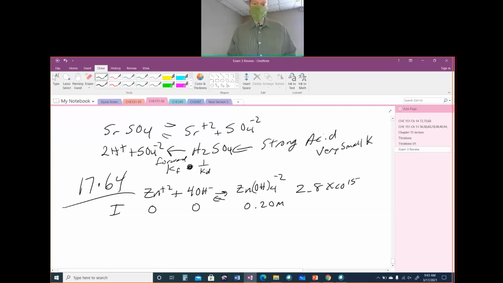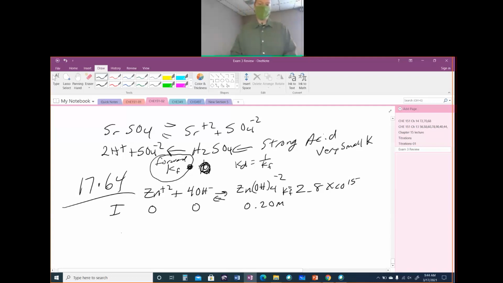So your KF is equal to 1 over KD. This is the given answer for the forward reaction of forming a complex ion. If you want to find the dissociation of the complex ion, that is called KD. You get that by taking 1 over your KF. So you can reverse this reaction and take 1 over the KF to get the KD. You will get the exact same answer.